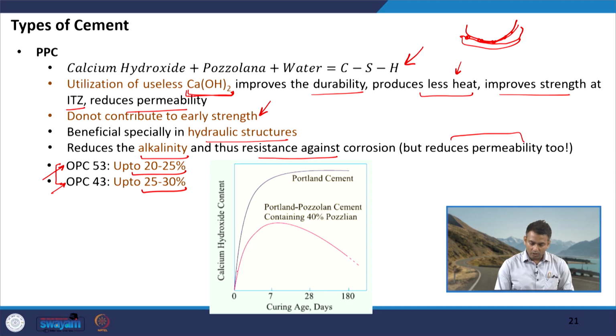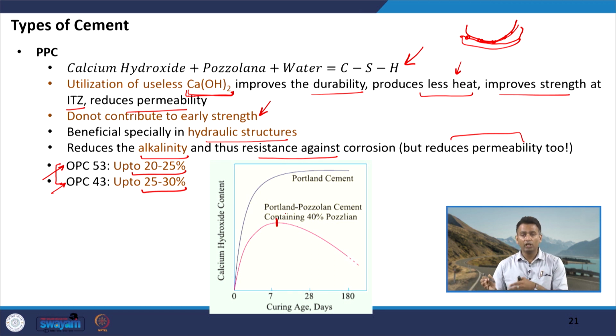So, this production of calcium hydroxide is a time dependent process, and with time more calcium hydroxide will get released, and only after the liberation of this calcium hydroxide will the pozzolanic material start producing CSH gel.